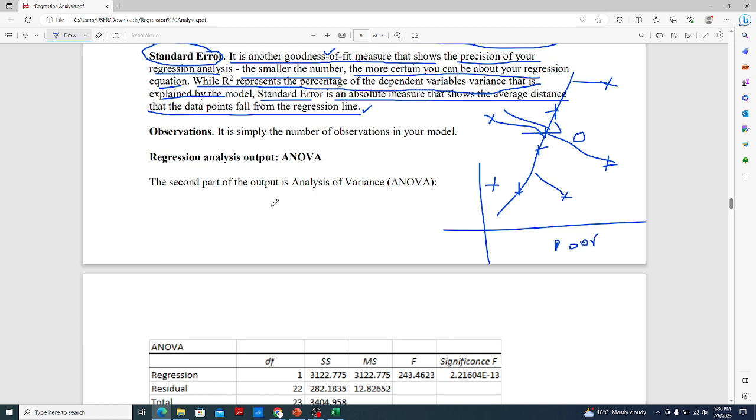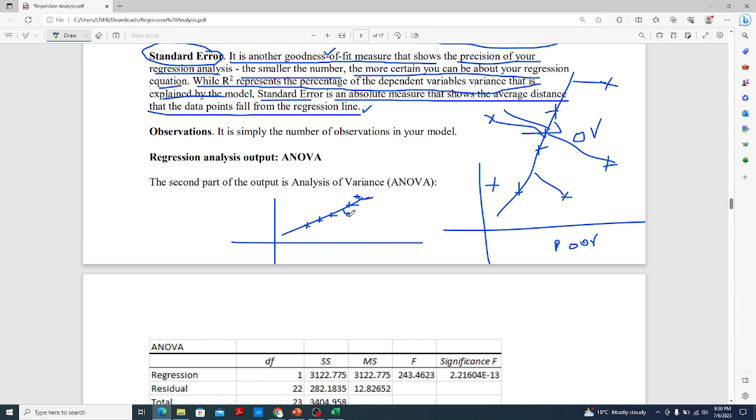But let's consider another model, maybe like this, whereby most of our data points are within the regression line and only a few are off the regression line. So definitely for this, the average distance will be less compared to this.